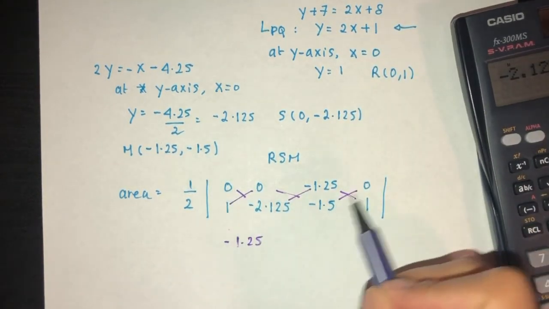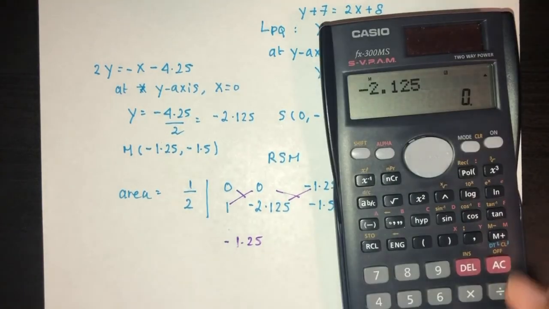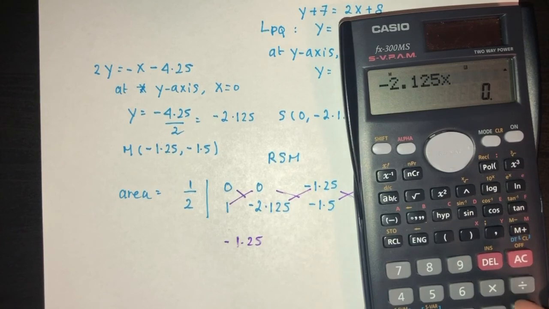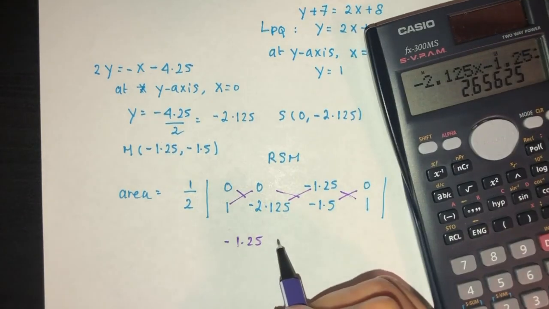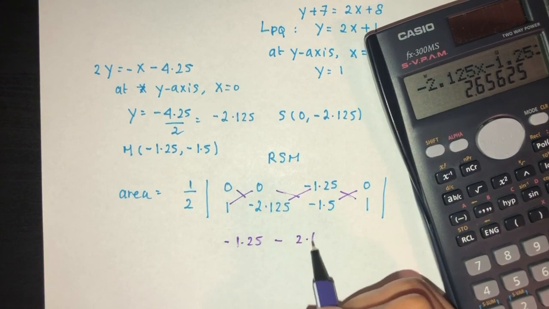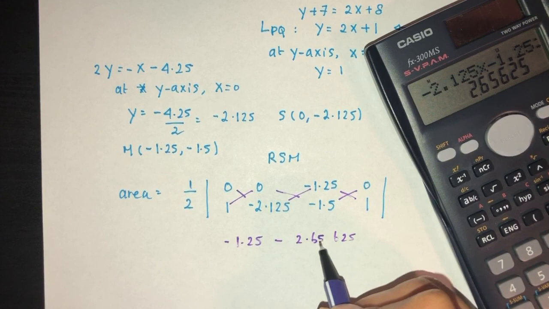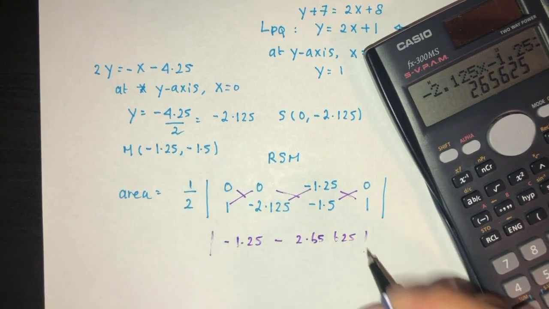So these two will be 0. How about this one? Minus 2.125 times minus 1.25. That should be 2.65625. Okay, that's a long number. Now we have to find this.